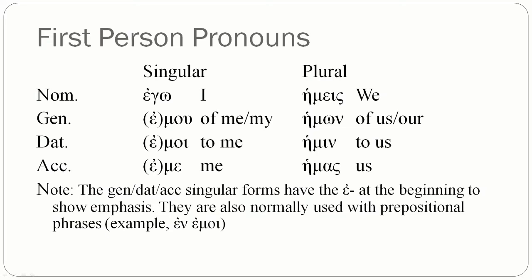We ends in an E, which is the first letter of the name of the Greek letter, eta. So the first person, we, begins with an eta.